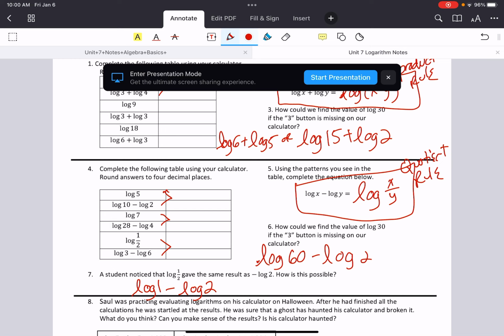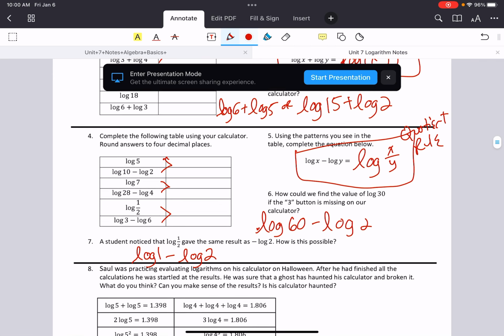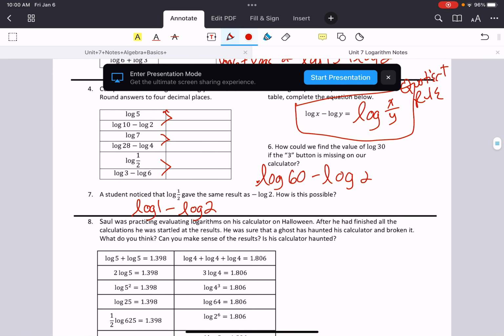What is it, Kevin? 0, right? So log 1 is 0 minus log 2. Because remember, if I'm trying to make something with an exponent turn into 1, it has to be 0, okay? So hopefully that will show you how we get from here to here. Those should be the same thing, okay?